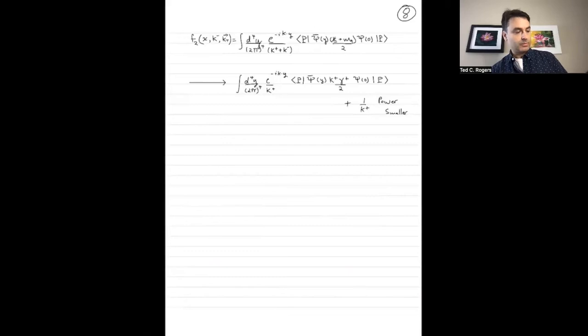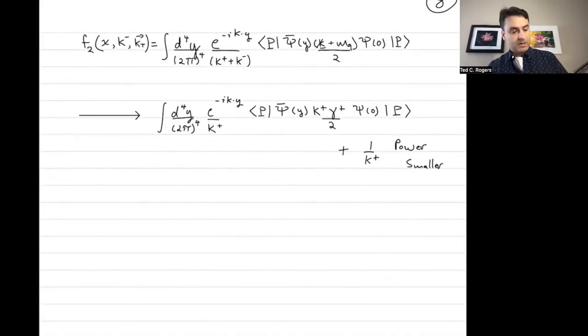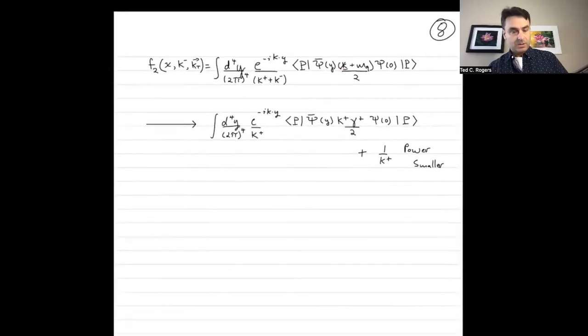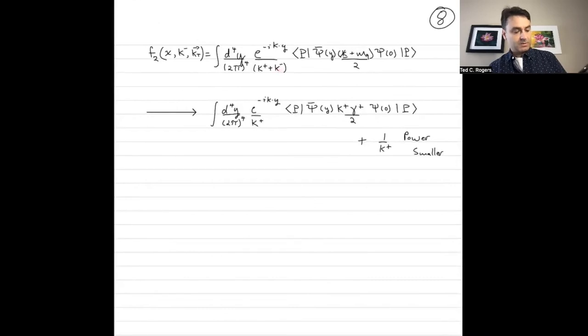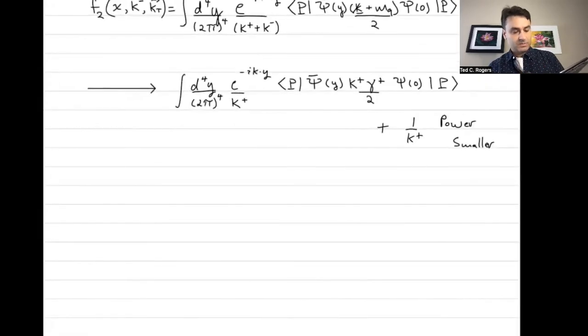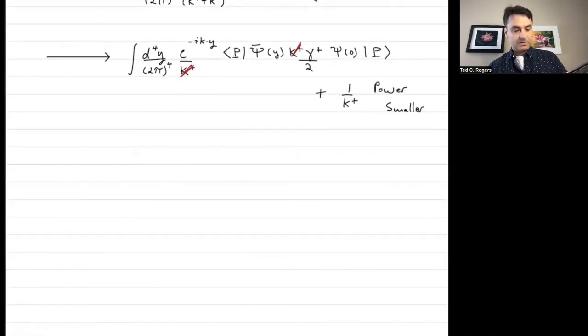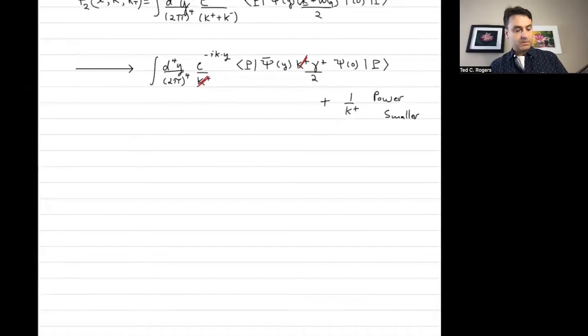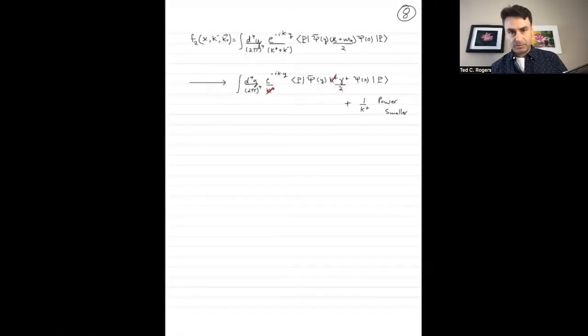So let me do that. Let me take that F2 that we ended with in the last lecture and replace K underline slash plus MQ with just K plus gamma plus. And let me drop the K minus here. So I just have a K plus downstairs. Of course, the K plus here cancels out the K plus here. And anything left over is going to be basically 1 power, quote unquote, of infinity smaller than what I have here in this boosted frame.